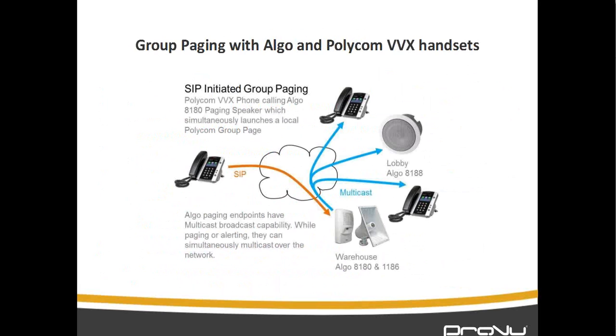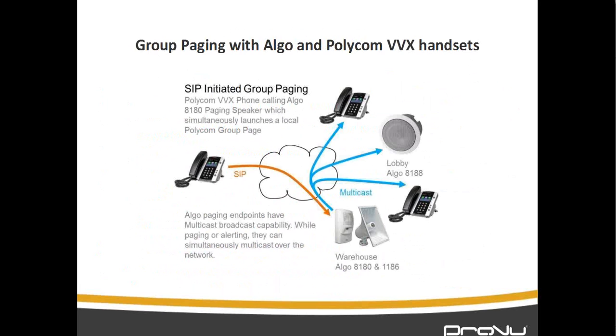Another thing you can do in this scenario is configure an extension on an Algo, which could be installed in a warehouse. You make a call to the Algo, and the Algo in effect does a transmission. It initiates a multicast, which is listened to by all the devices in the infrastructure. So it acts as a master-slave scenario, reducing the number of extensions required for paging.